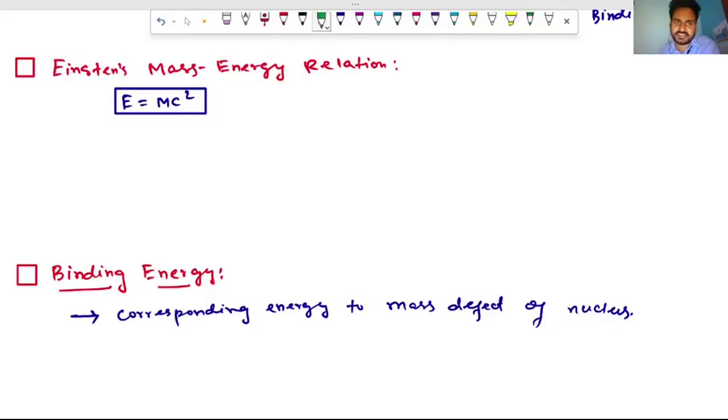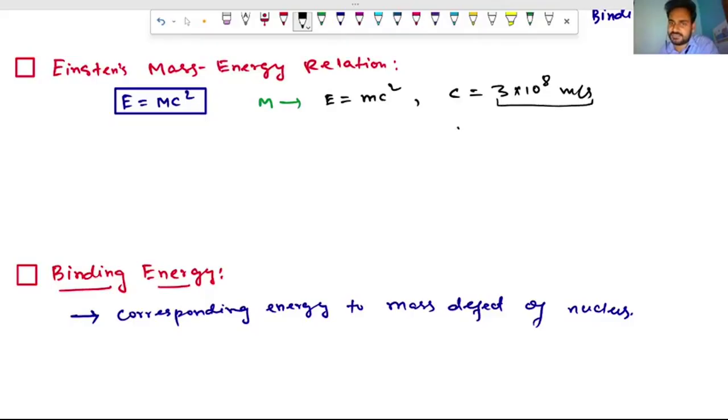What does it mean actually? If you have some mass m, then when it is converted into energy, the amount of the energy will be mc square. What is c? C is the speed of light, 3 times 10 to the power 8 meter per second, and this is a very large number. When we take the square of this large number, it becomes even larger, isn't it? 9 into 10 to the power 16 is a very large number.